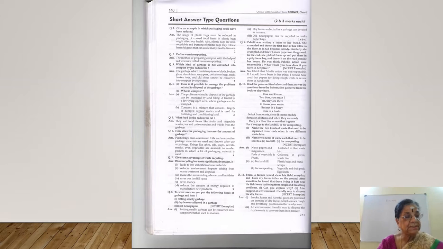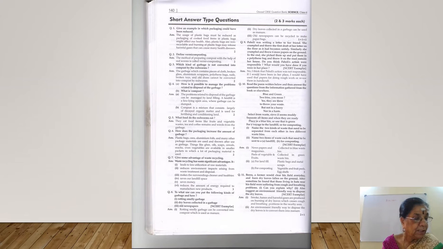Do you think that it is correct? Yes sir. So it is not correct. Peli's action was not responsible. If I would have been in her place, I would have kept the papers for doing rough work or reused them in handcraft. சரியா?